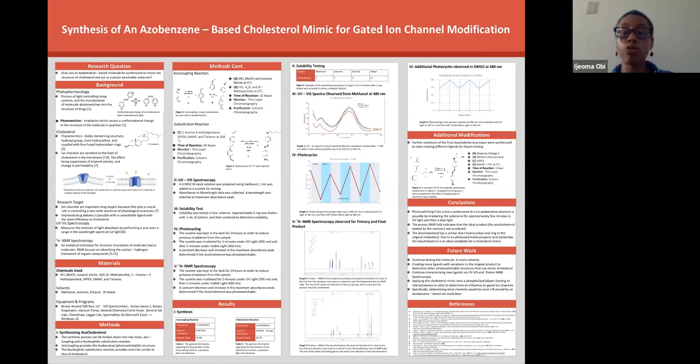And then reverting back to its original shape, it only took 5 minutes as well. So I believe in terms of energy transfer, in order to allow it to change its shape back and forth in terms of conformational structure, it is possible to have faster drug delivery when it comes to this azocholesterol.